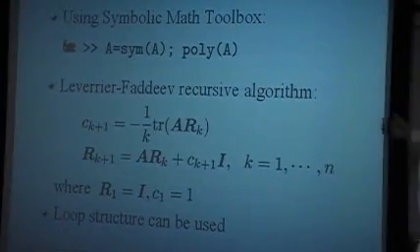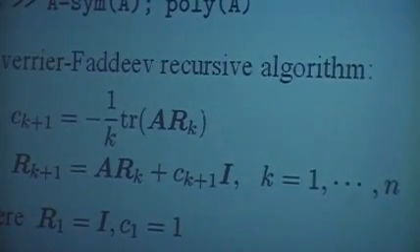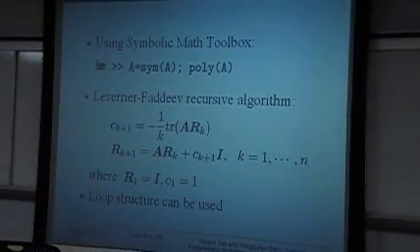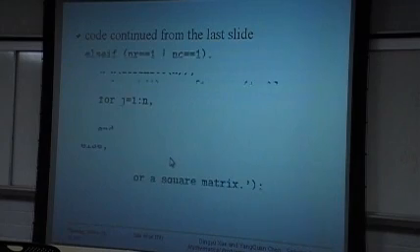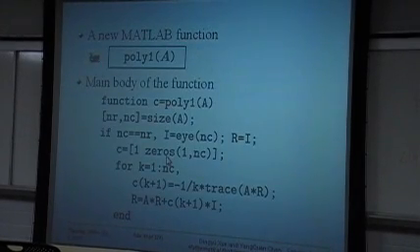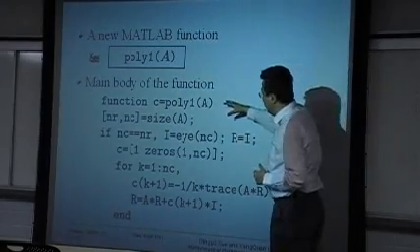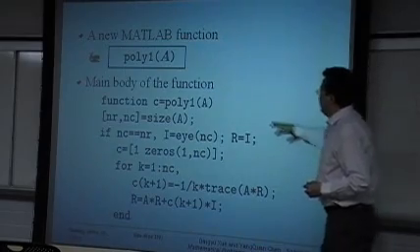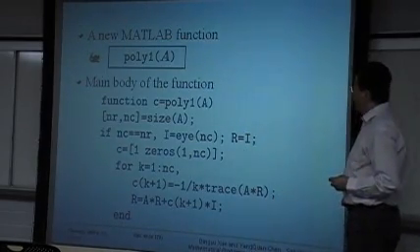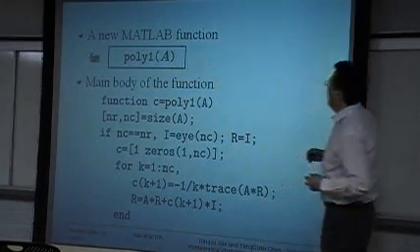Based on this algorithm, we can write a program to implement it, and we can use a loop. I'm not going into too much detail about it. This is the kernel, the central part of the poly1 function I wrote myself, based on the Lagrangian algorithm. And the syntax of the function is also poly1, which is similar to the poly function.